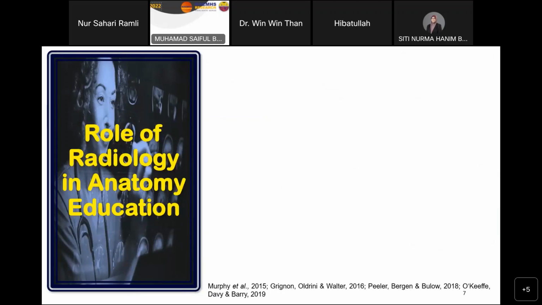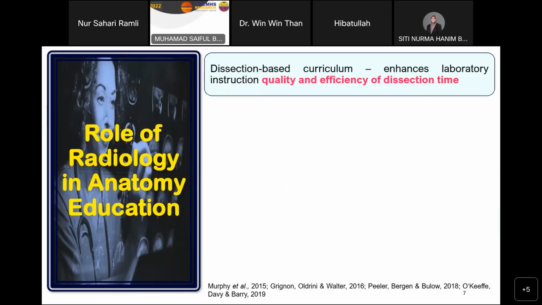Secondly, we have chosen to integrate radiology in this module because in a dissection-based curriculum, it has been proven that radiology material can enhance laboratory instruction quality as well as increase the efficiency of dissection time.